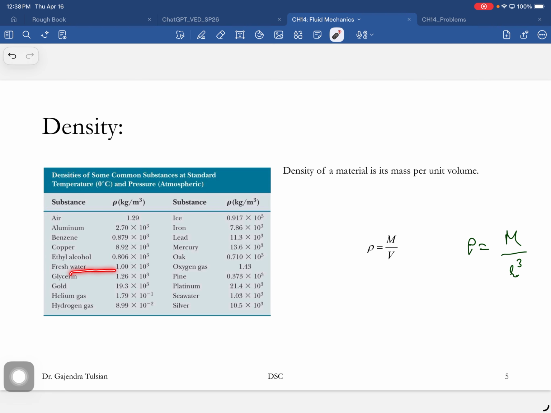Look at the density of a liquid. It's 1,000 times greater. Okay, so this much air weighs 3 pounds. This much water weighs 3,000 pounds roughly. Okay, 1,000 kg, the weight of a small car.